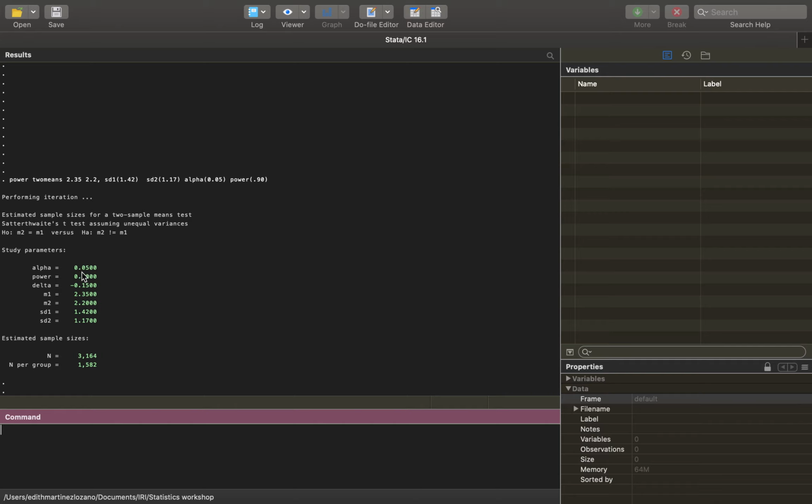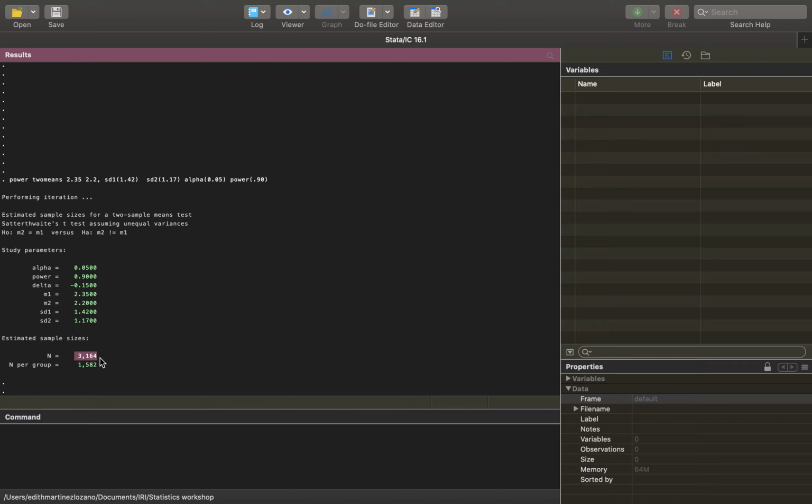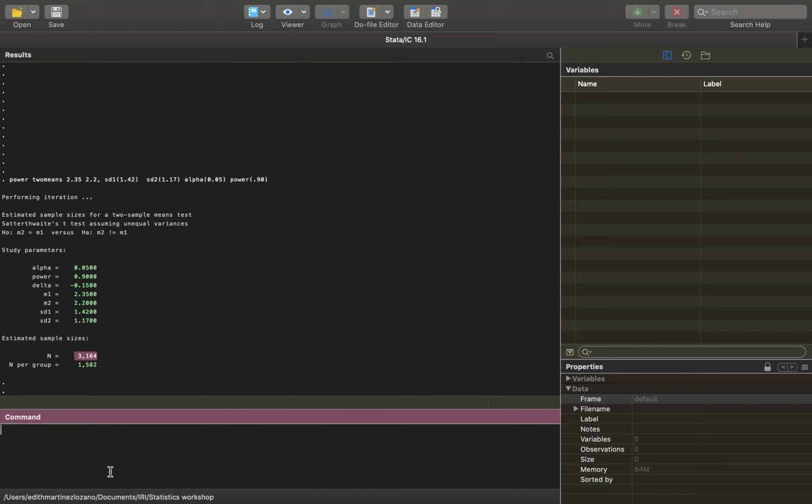So we're having an alpha of 0.05, a power of 90%, a reduction of 15%, our mean 1, mean 2, and standard deviation for both groups. And we get a total sample size of 3,164 patients, which is 1,582 per arm. Now, to this number, we still have to add a 20% of dropouts.